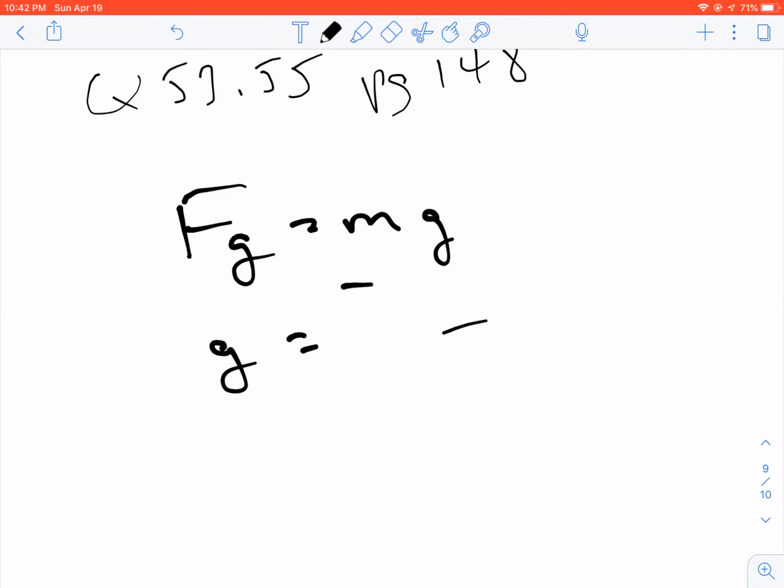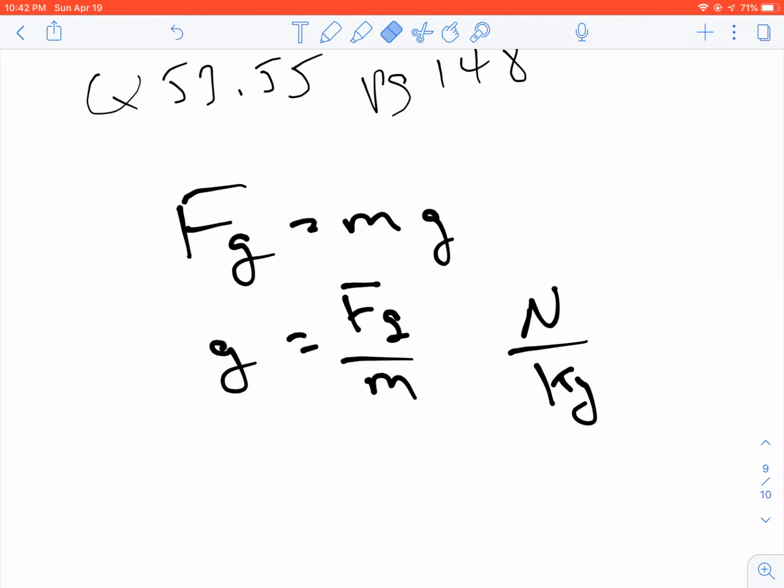Little g is equal to the ratio of gravity per mass. And what are the units for gravity? Newtons. And what is my mass? Kilograms. So the units here for g, we sometimes say are in meters per second squared. But really, g is also in newtons per kilogram. Newtons of force applied per kilogram of mass. Now, on Earth, there is 9.8 newtons applied for every kilogram of mass.